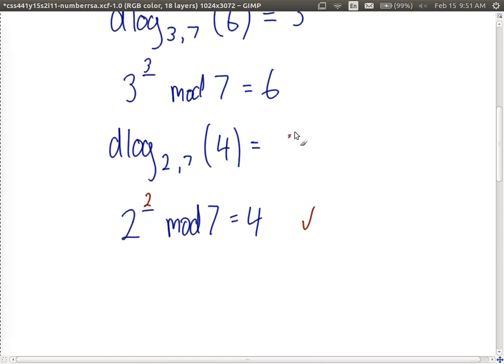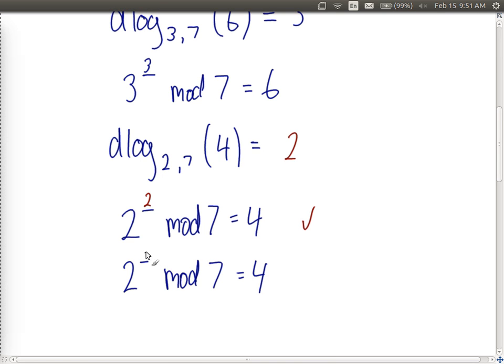So the answer is 2. But someone else said 5. 2 to the power of something, mod 7 equals 4. Does 5 work? 2 to the power of 5 is 32. 32 mod 7 is also 4.